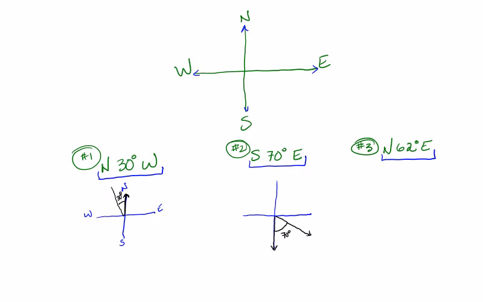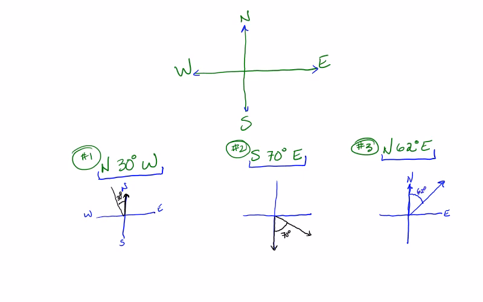Now, north 62 degrees east. If you want to give it a shot on your own, hit pause on the video real quick, and then you can draw your north 62 degrees east. Otherwise, spoiler alert, here you go. Here's north, here's east, and we're going to start at north and go 62 degrees to the east. So this angle is 62 degrees.